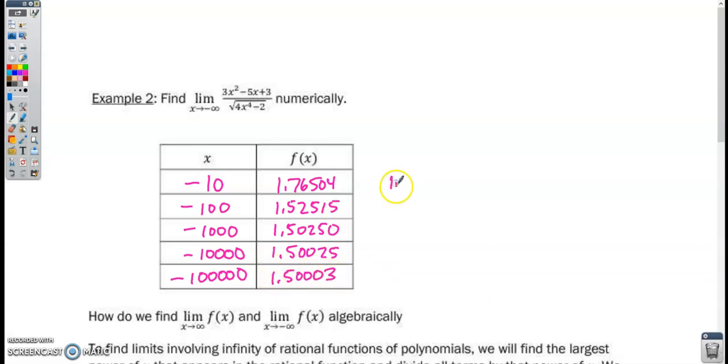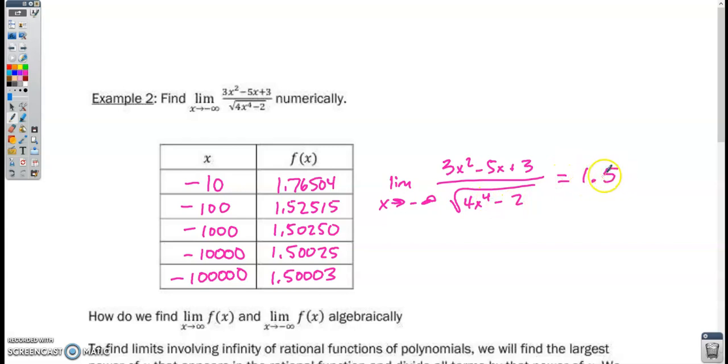And so it looks like the limit as x goes to negative infinity of this function is approaching 1.5.